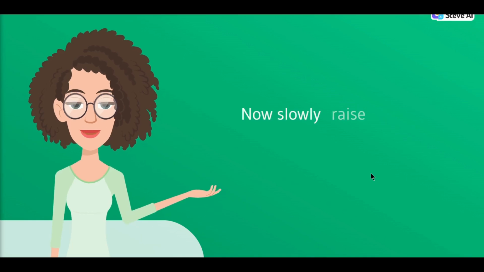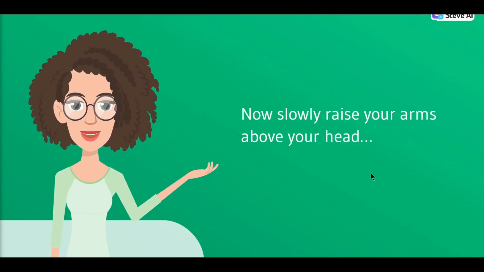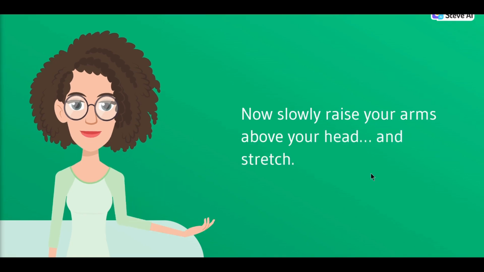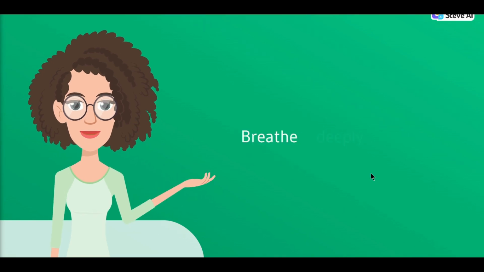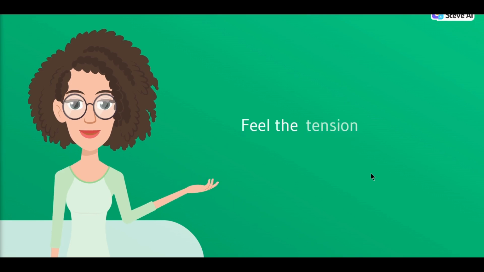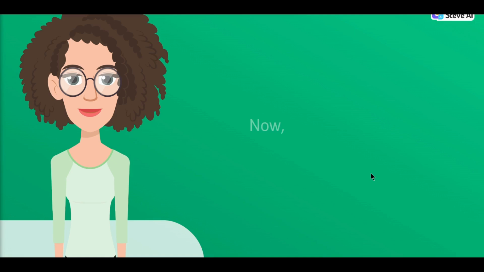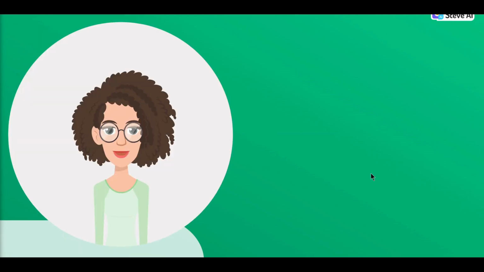Now slowly raise your arms above your head and stretch. Breathe deeply. Feel the tension leaving your body. Now, bring your hands to your heart center. Focus on the present moment. You are calm. You are strong. You are at peace. Namaste.